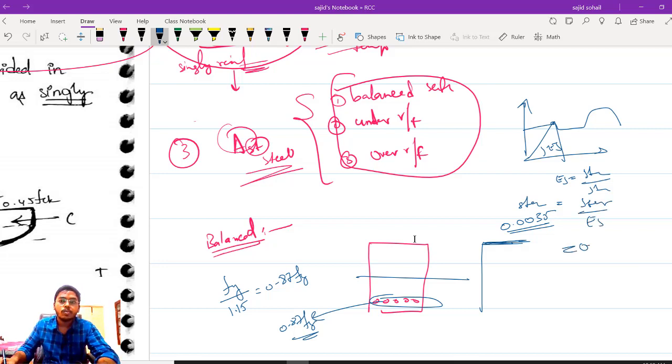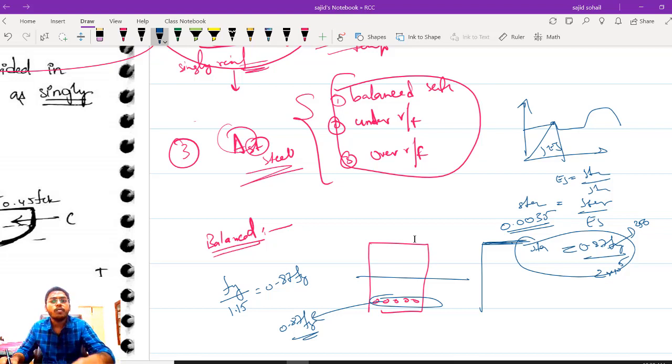How much is the stress? 0.87 Fy divided by Es. What is the Es value for steel? 2 into 10 to the power of 5. So this much will be your strain. If you are talking about Fe 250, substitute it, and you will get 0.00108. So this amount of strain should be reached in my steel bars.